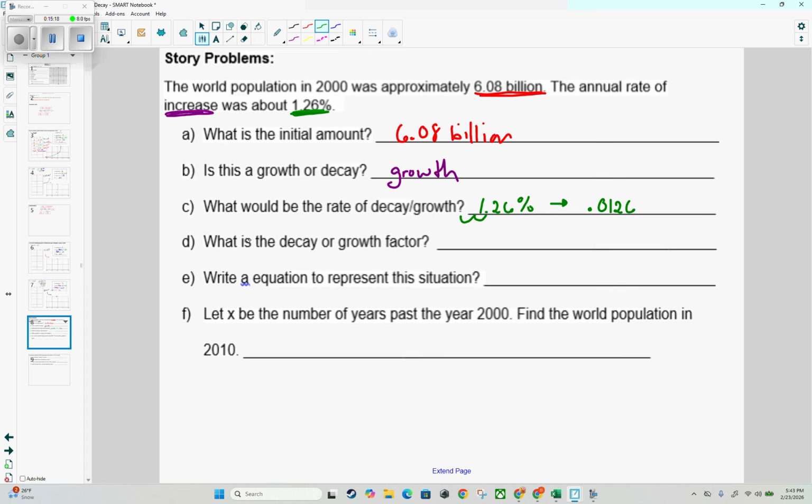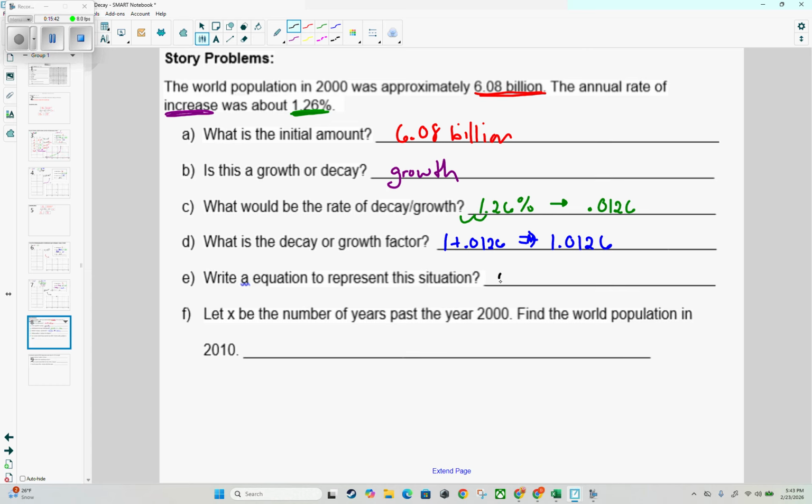Then it goes, what is the decay or growth factor? Now I'm switching into that factor where I use that equation of 1 plus r, and we know that r was the 0.0126. So my growth factor would be 1.0126. That's what that one is. And then write equation. Well, all of this built up to writing that equation.